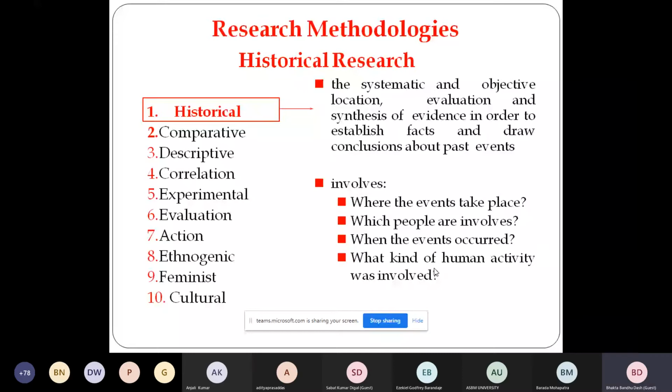Who are the people who were involved? What time did it occur? How were people supported? When you analyze particular incidents which happened in the past, that is basically your humanitarian way of analysis, and that's basically your historical research.